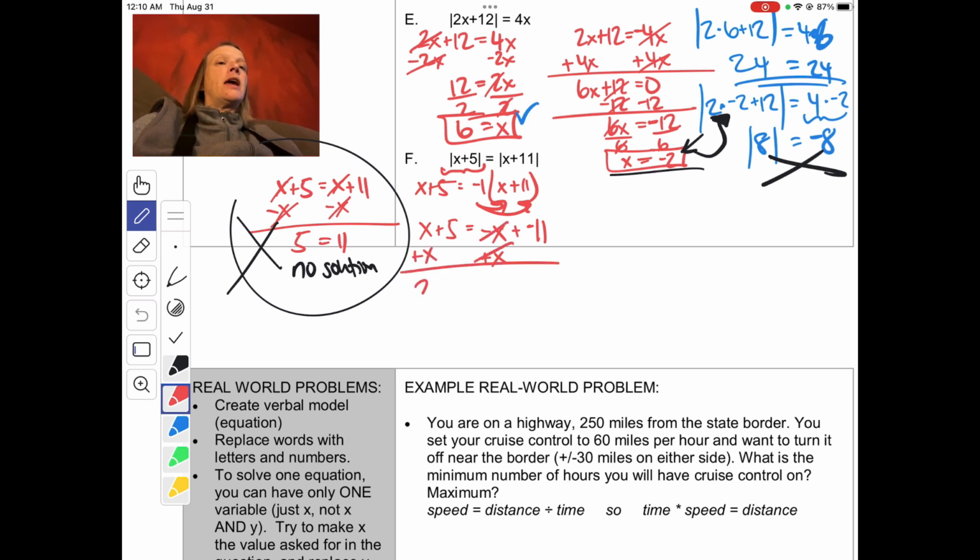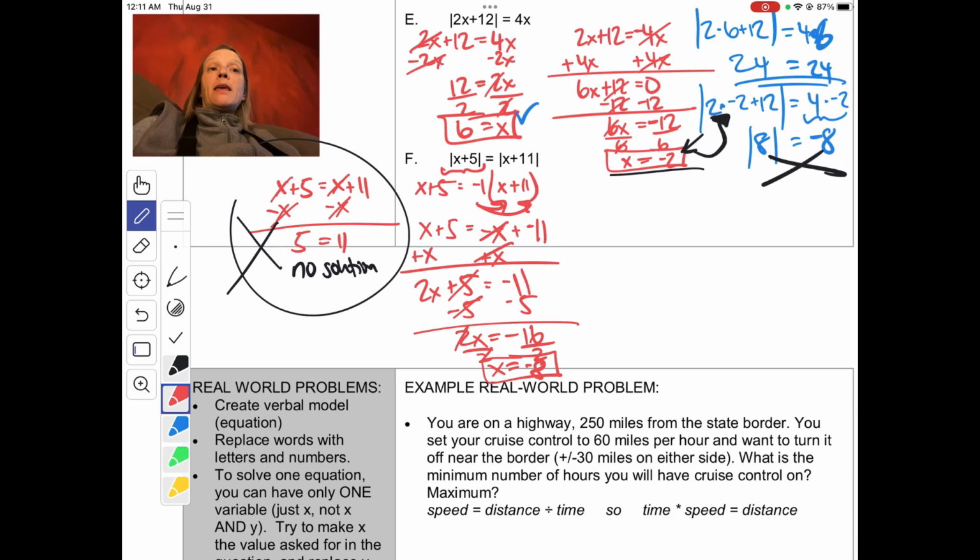I have 2x on the left-hand side, a positive 5 still on the left, and a negative 11 on the right. I can subtract 5 from both sides, so I get 2x equals negative 16. Then I divide both sides by 2, and I get that x equals negative 8.